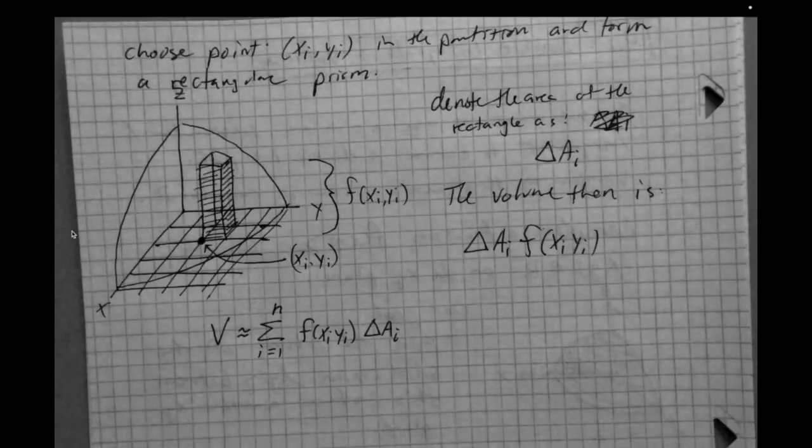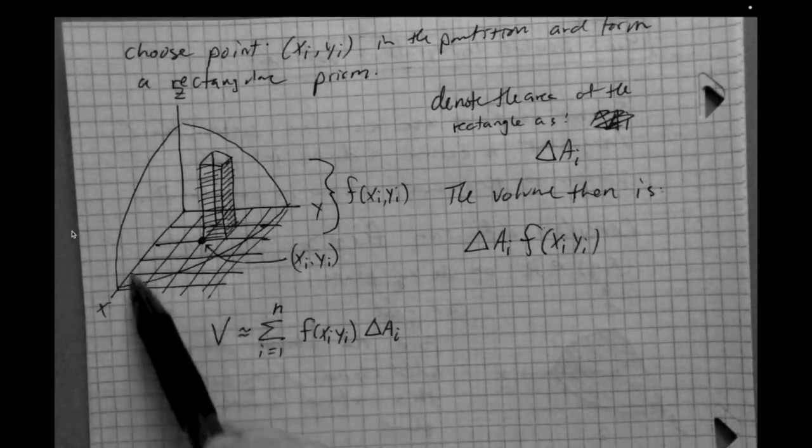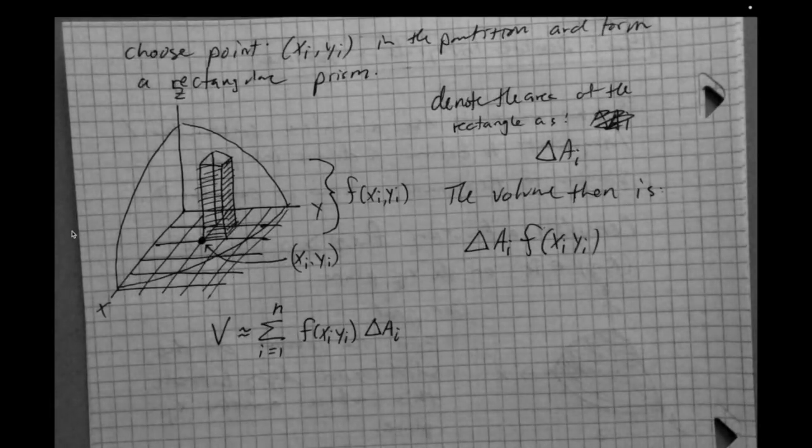And now, as we've seen in previous integration constructions like this, the precision of this volume can be improved by essentially tightening the mesh of the underlying grid. If the grid is a really fine partition, like very, very small squares or rectangles, then the precision will be high. If, however, your grid is very chunky like this, then the precision will be very low.